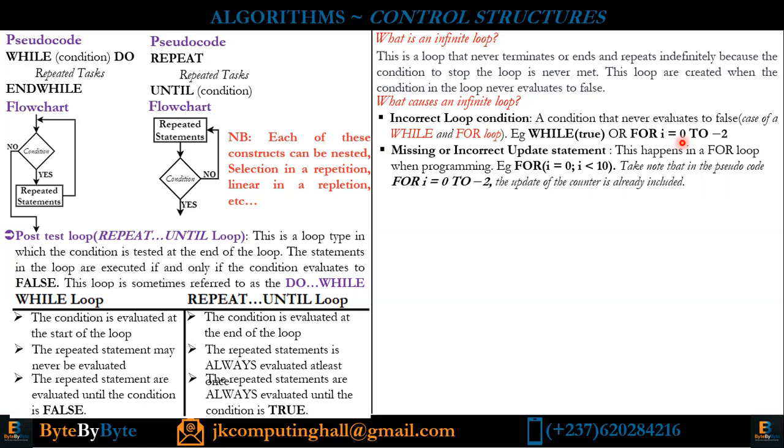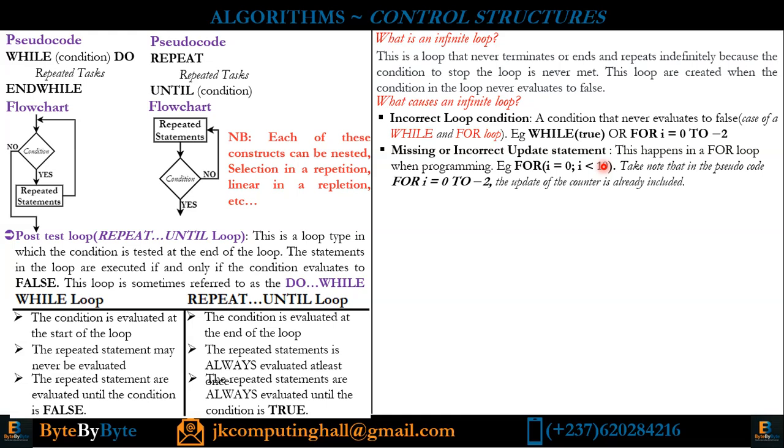Another case is a missing or incorrect update statement. This happens in a for loop when programming. For example, if I say for I equals 0, I less than 10, you realize that in this case, I did not specify how I is changing.